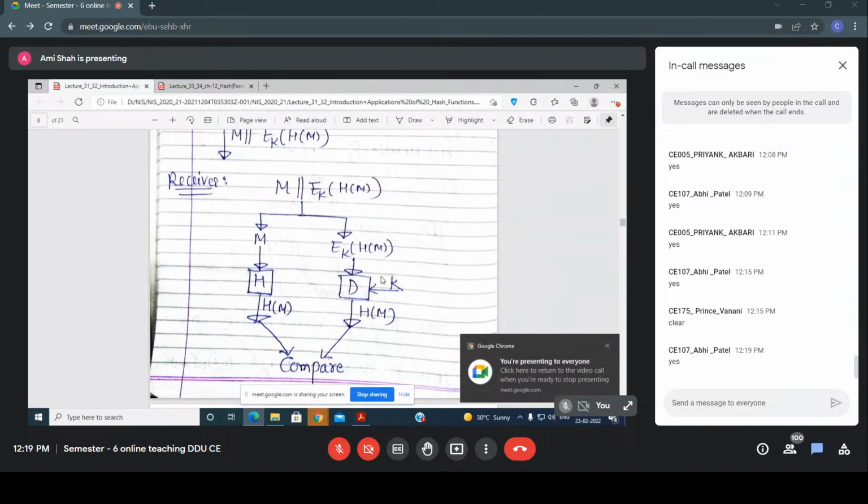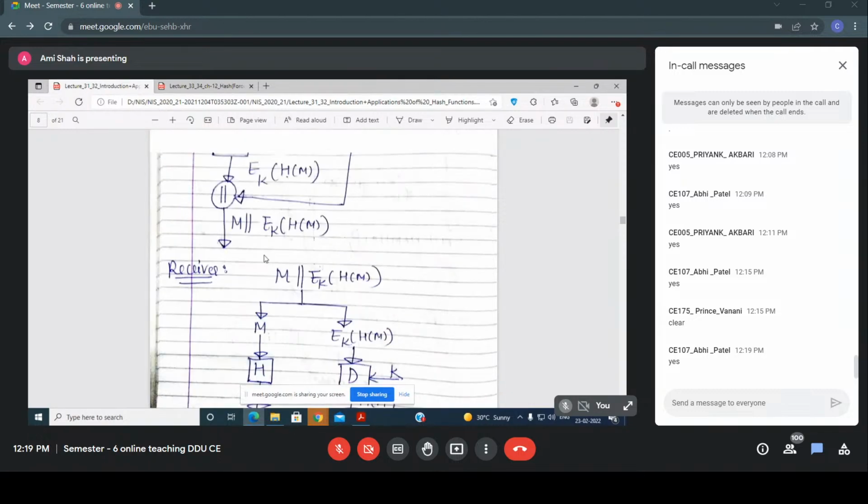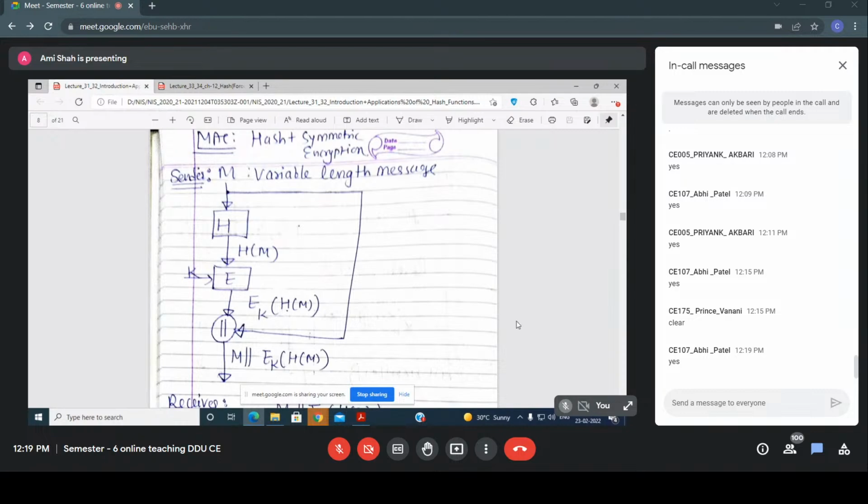In this scenario, when Alice is sending a message to Bob, suppose, as I discussed in the second lecture, some attacker comes. Now in this scenario the attacker cannot do anything, because Oscar, let's say the attacker is Oscar, cannot encrypt the message again, because both parties have this symmetric key.